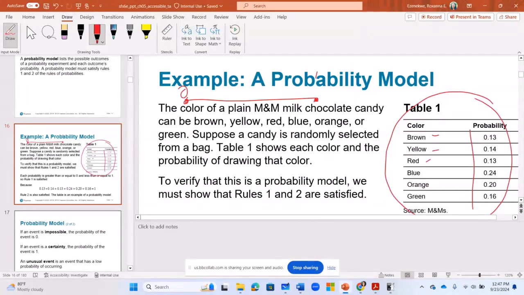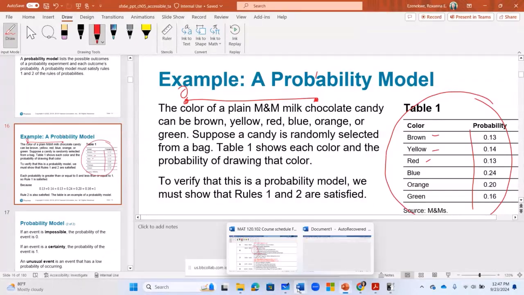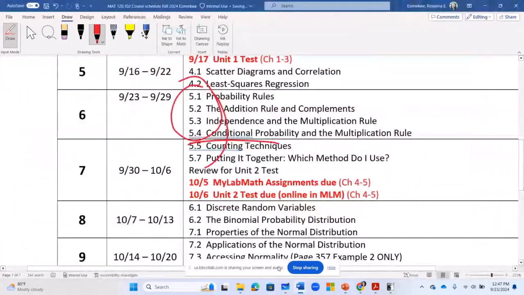There are so many things in section 5.1. We're not interested in all of them because there's a lot in the book, but we are following what is in the syllabus. In our syllabus, the only thing we need to know is the probability rule and how to apply it.